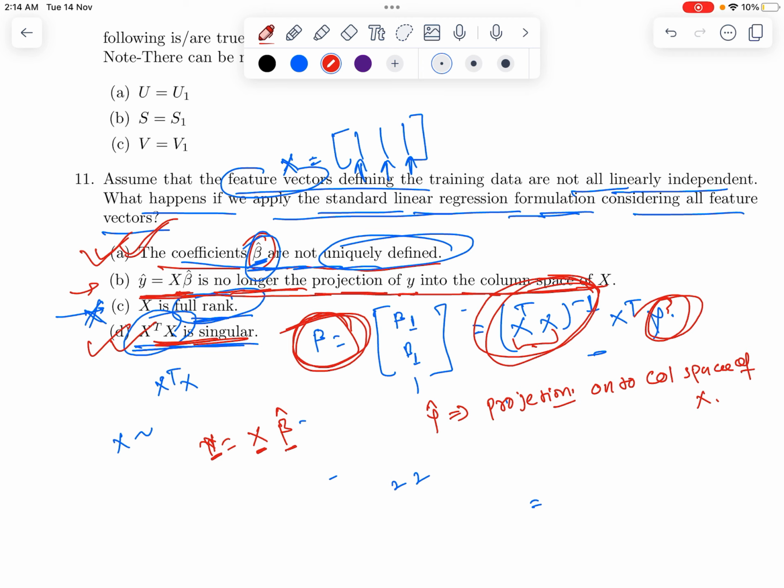It is not no longer the projection, because if X is linearly dependent, there would be some combination, but we cannot definitely say it is no longer the projection of y into the column space.